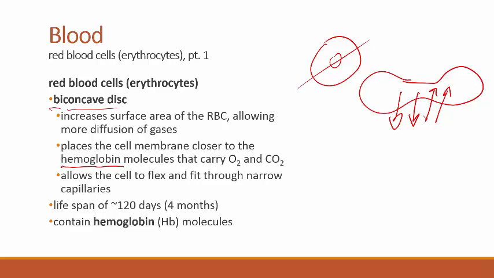And then there's the globin portion of the hemoglobin, and that globin is a protein, and it is the portion of a hemoglobin that carries the carbon dioxide. So it brings those hemoglobin molecules here closer to the external environment. And if we're at the lungs, then we're going to bring in oxygen. We're going to load up those red blood cells with oxygen.